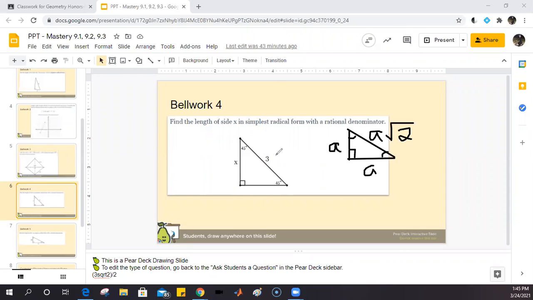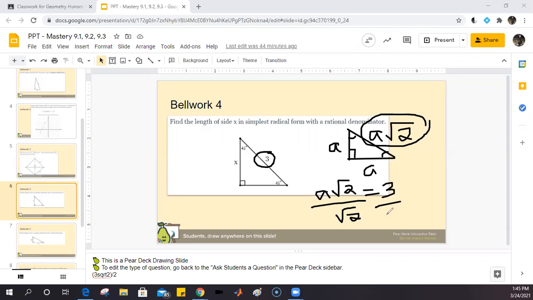We are given that the hypotenuse is 3, and we're trying to find a side length. So what I would always do is set what you are given equal to what it is in the model and solve for the variable, and then use the variable as you need to. So we'd have A square root of 2 is equal to 3. To get A by itself, we divide by the square root of 2 on both sides. So we get A is equal to 3 over the square root of 2.